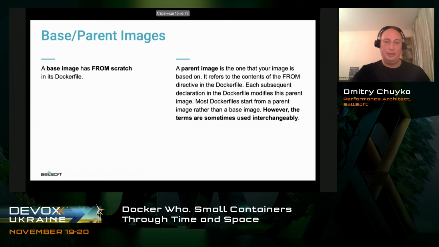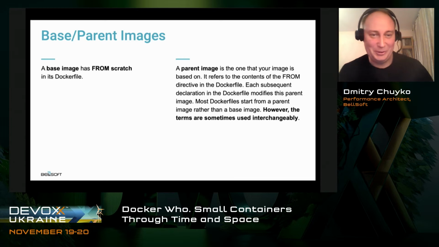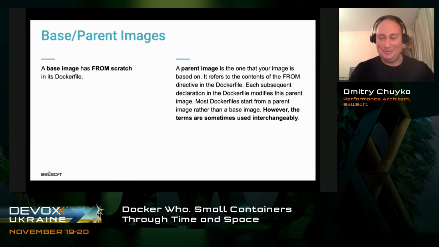There are some parent images. I interchange the terms, but more strictly, a base image is something that starts from scratch, and a parent is just a parent. But in the world of JVM and JDK, the parent image with JDK is the base image.